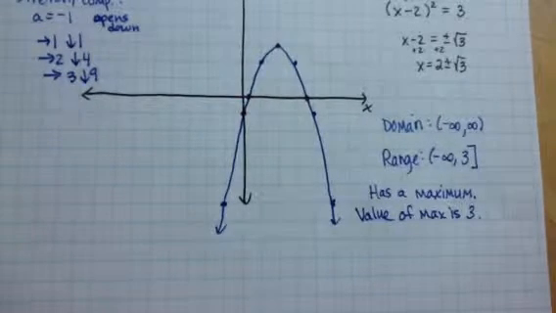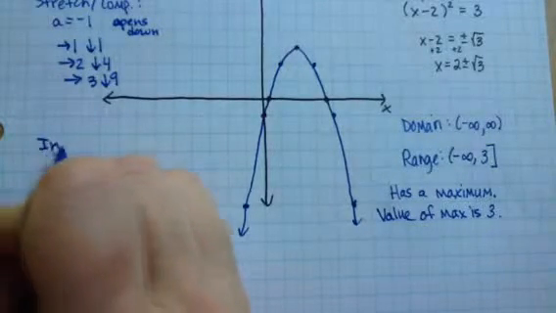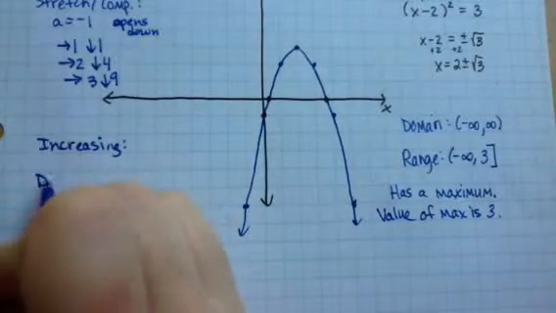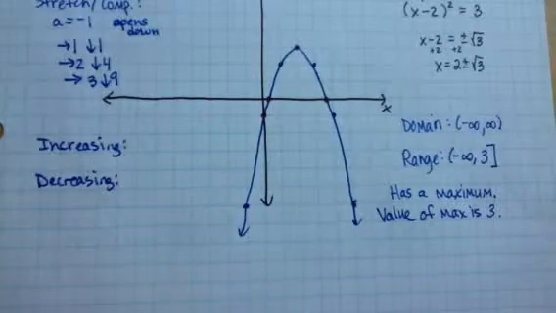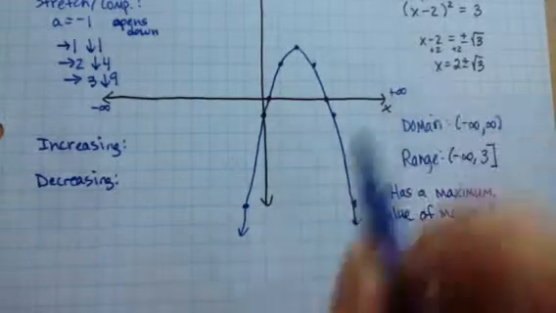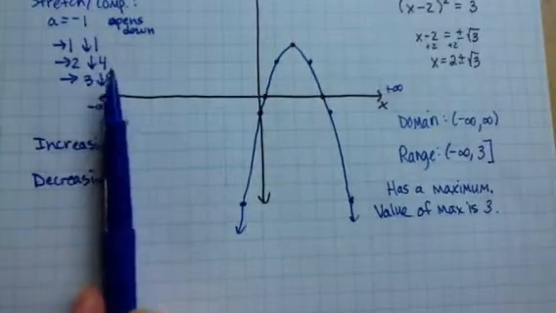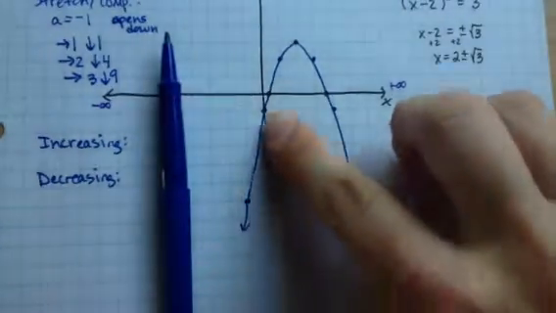Let's look at increasing, decreasing, positive, and negative. Increasing means the graph is going uphill. Decreasing means the graph is going downhill. So as I move from negative infinity on the x-axis to positive infinity, when I start out all the way at the left-hand side, you can see that the graph would be going uphill.